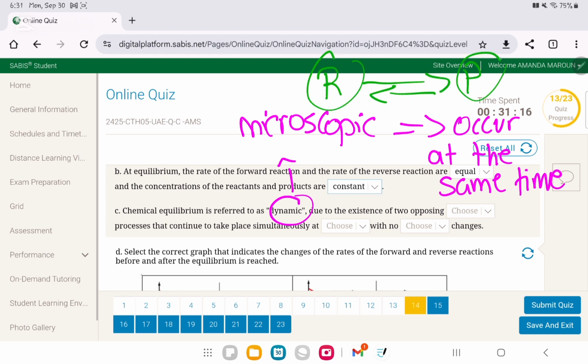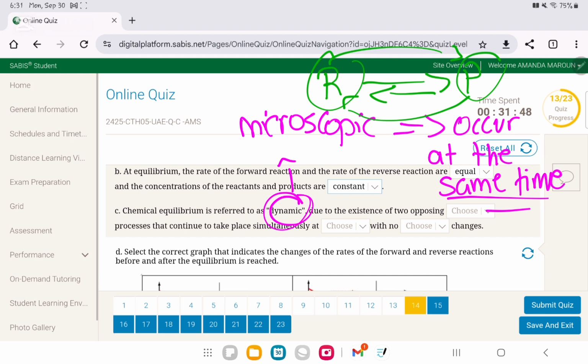This occurs at the same time. This is what we call dynamic, because there exist two opposing processes, but they continue to occur simultaneously, which means at the same time.